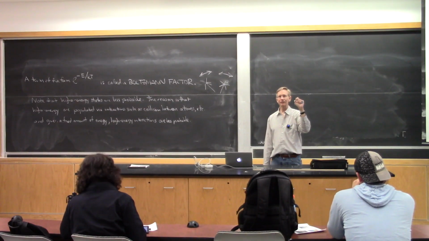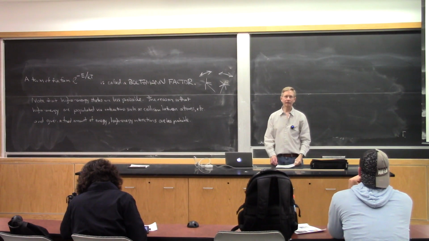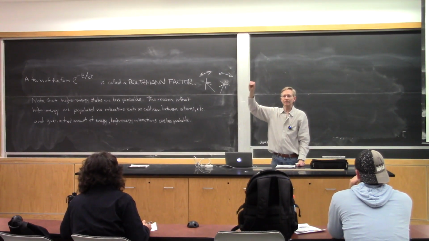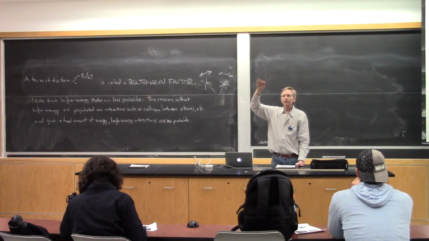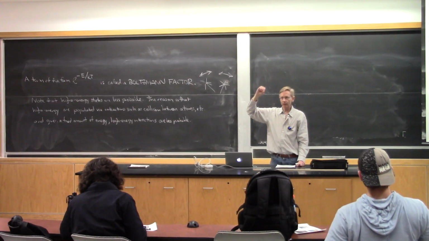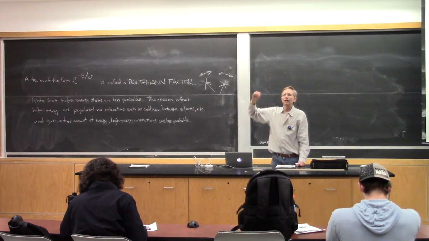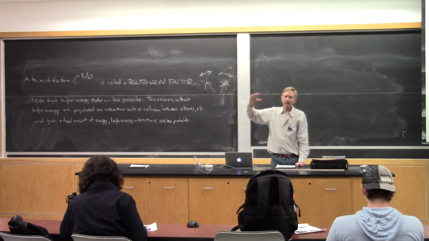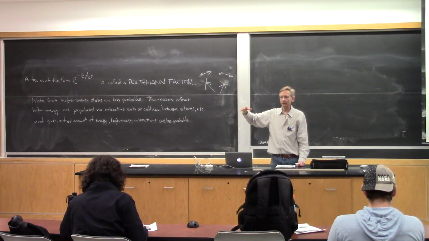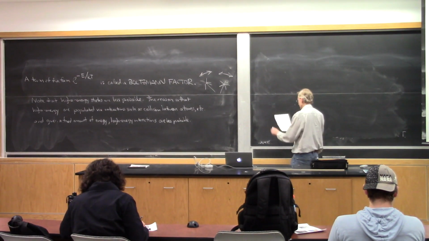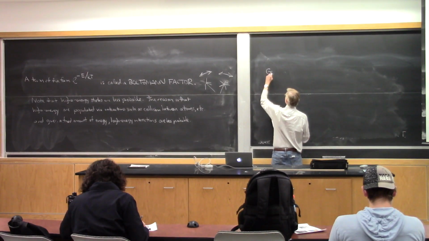All that matters for the probability of an atom being in n equals 2 versus n equals 1 is the difference in energy, E2 minus E1, and it doesn't matter which of the substates it's in. The probabilities are the same for all of the substates because it only depends on the energy, which means that the degeneracy must play a role here. It means that we have to account for that. So, let's talk about that.